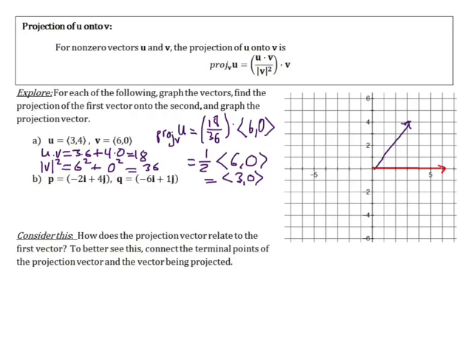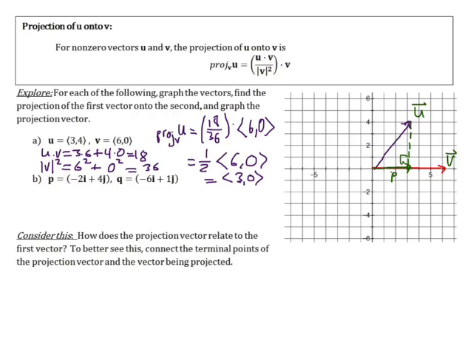Well, the projection here is 3, 0. So 3, 0 is right here. And we see that that is just dropping 90 degrees down from u. Once again, this was u. This is v. And this is our projection vector p here.